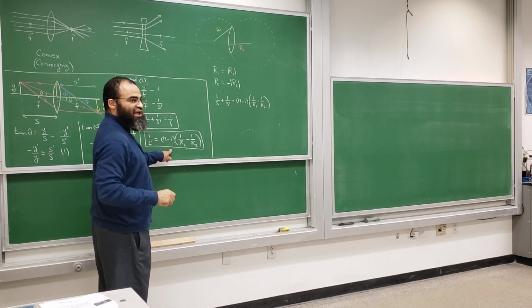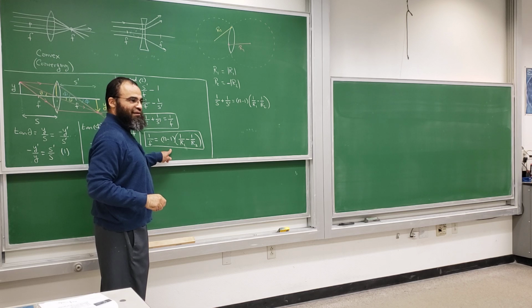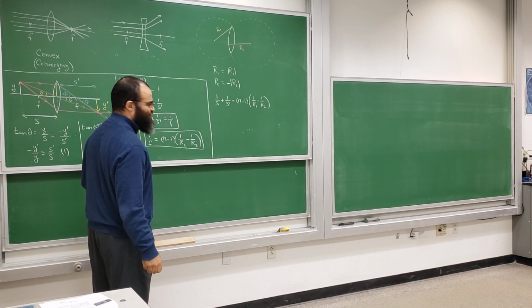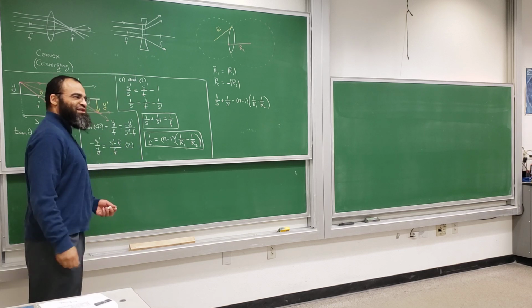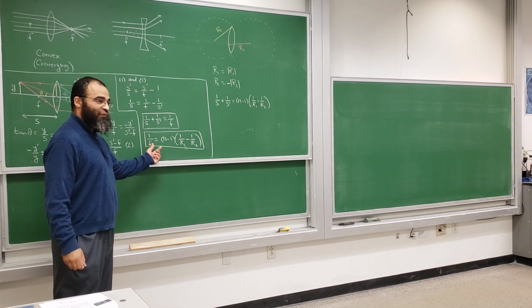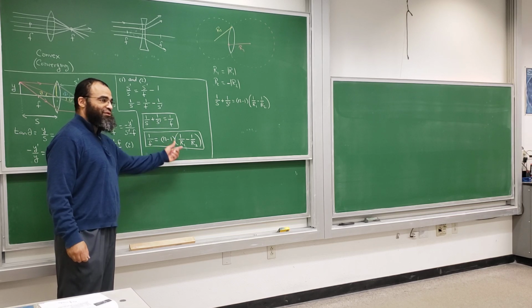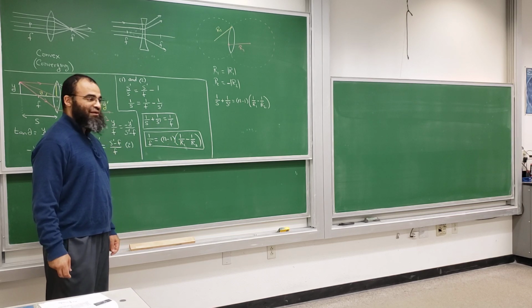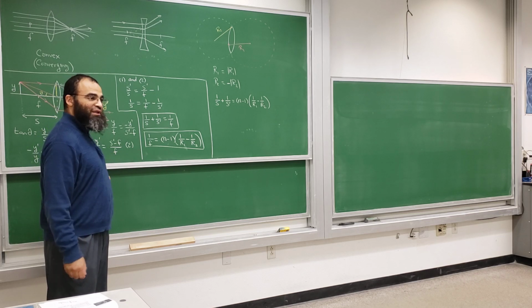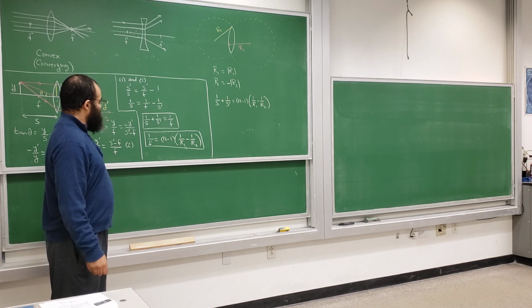This is the lens maker's equation. They call it the lens maker's equation. I guess if you want to make a lens of a certain focal length, you need to know this equation. That's how you cut your lens. Make a radius this and the radius that, and then you can figure out what f is.